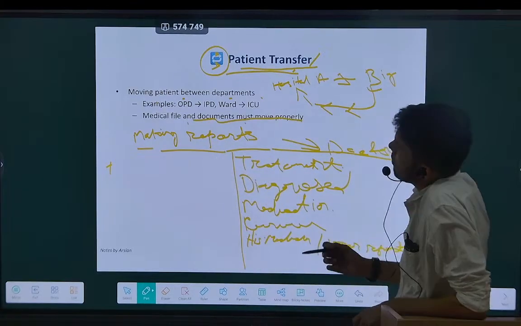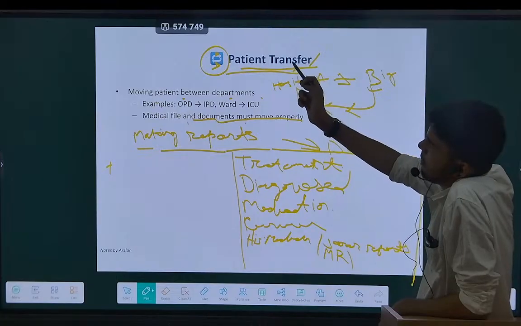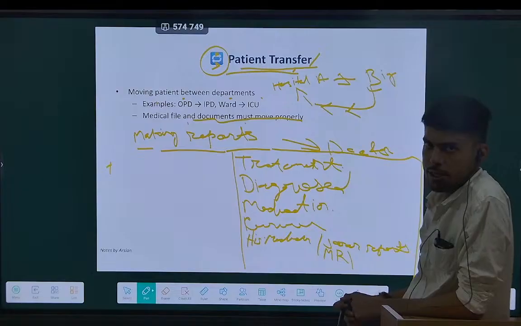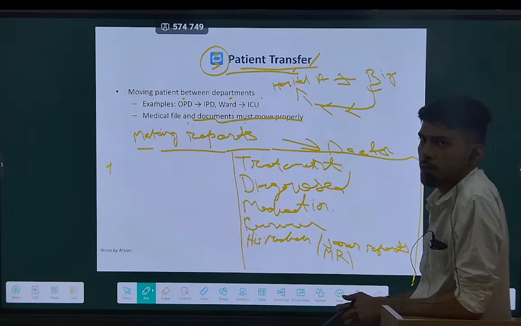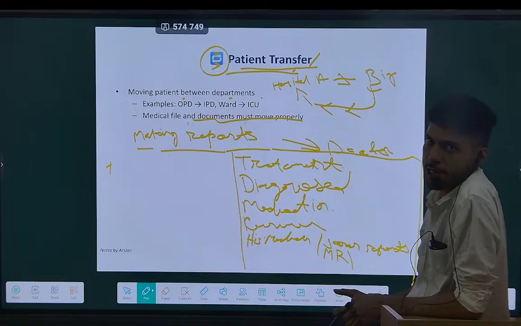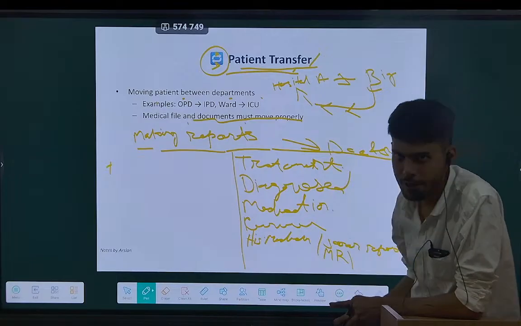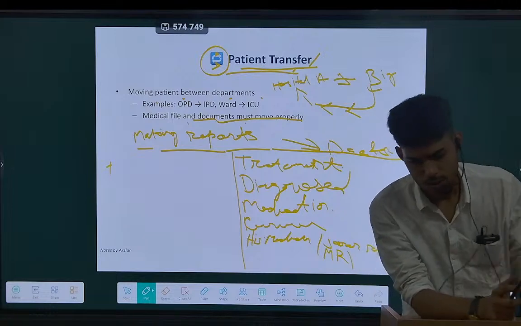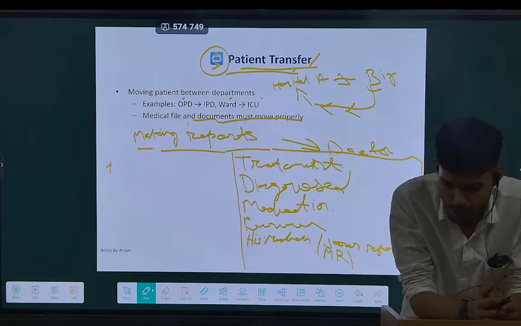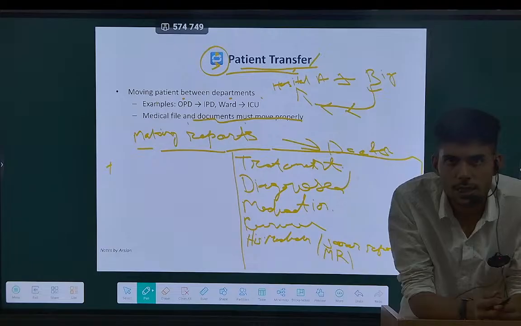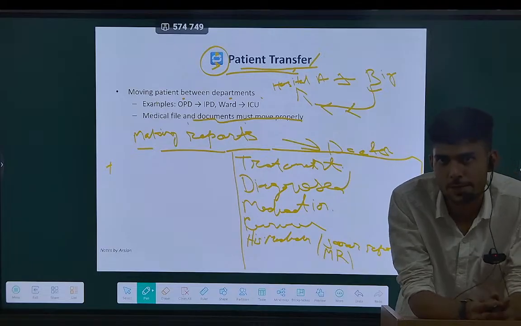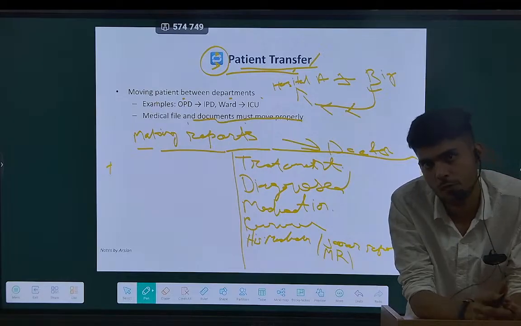When a transfer of patient happens, it is not just a transfer of the patient, but it is also a transfer of their documents, their test reports, their medical condition, everything. This is called patient transfer. And a very important rule is that the patient file report detail must be accurate and must move with him.